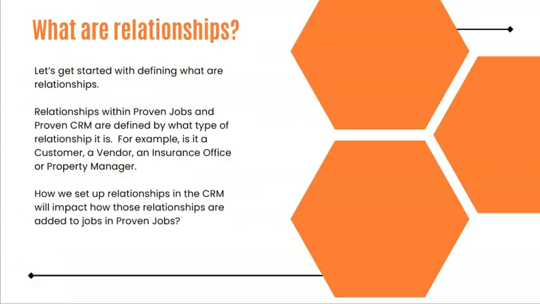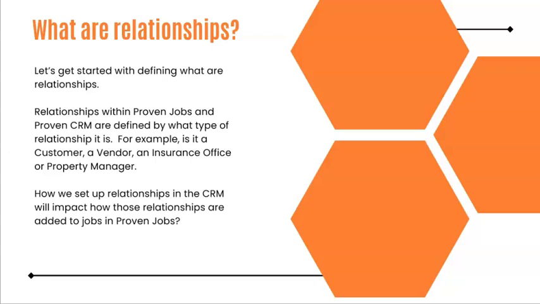Let's get started with defining what relationships are. Relationships within Proven Jobs and Proven CRM are defined by what type of relationship it is. For example, is it a customer, a vendor, an insurance office, or property manager?